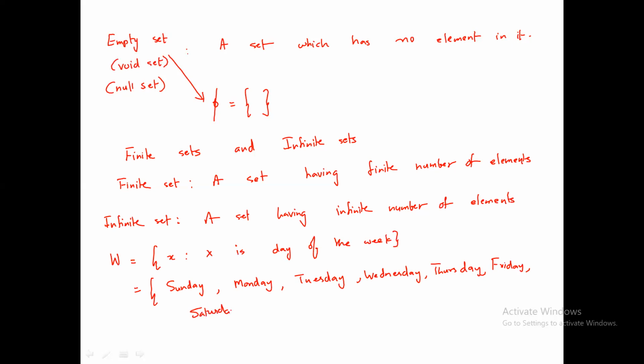Apart from this, nothing else. You can count the number of elements in this set. 1, 2, 3, 4, 5, 6, 7. And you can say there are 7 elements in this set. That means this is an example for finite set.